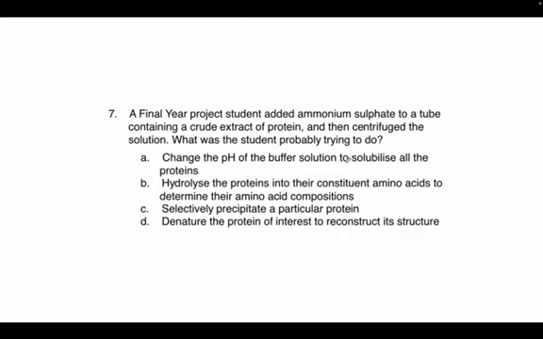So, of these options, does it change the pH of the buffer solution? Probably not. Hydrolyze the proteins into the constituent amino acids? Ammonium sulfate is not going to do this. Denature the protein of interest? No. Ammonium sulfate is going to selectively precipitate our particular protein. At certain concentrations, different proteins precipitate.